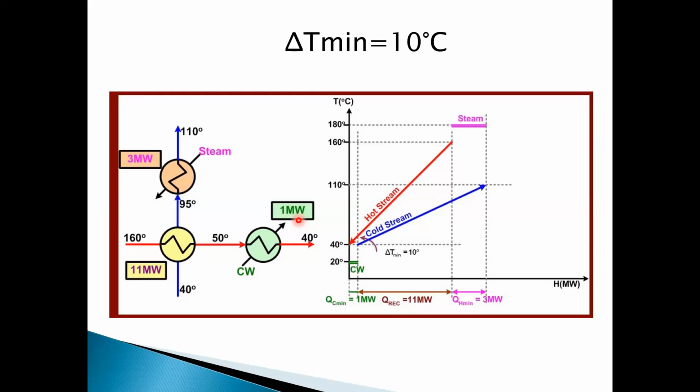What do you observe also? Yes, reduction in the operating cost. Excellent. Okay, Hussein, reduction in the operating cost. How? Because I was able to reduce the cooling water utilities and the steam utilities.